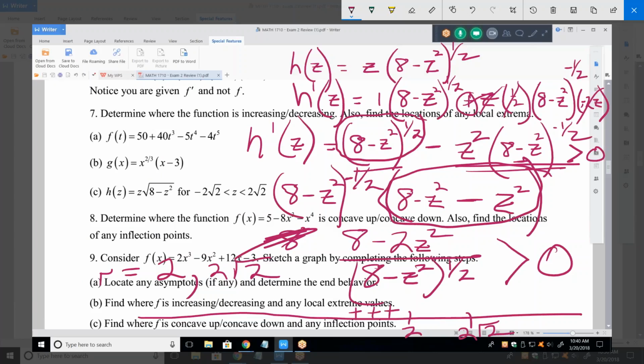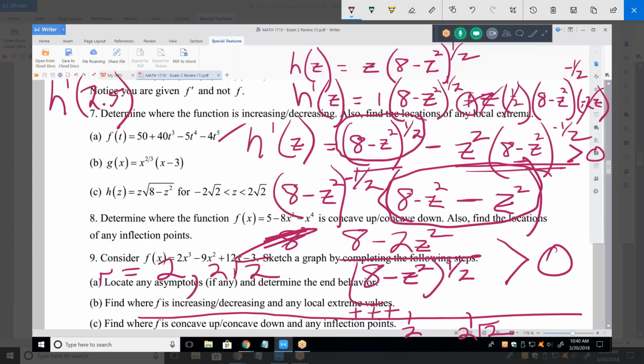Okay, so we're going to plug in 2.5 into this function. So h prime of 2.5. Okay, 2.5 squared is 6.25, I believe. 5 halves times 5 halves is 25 fourths.